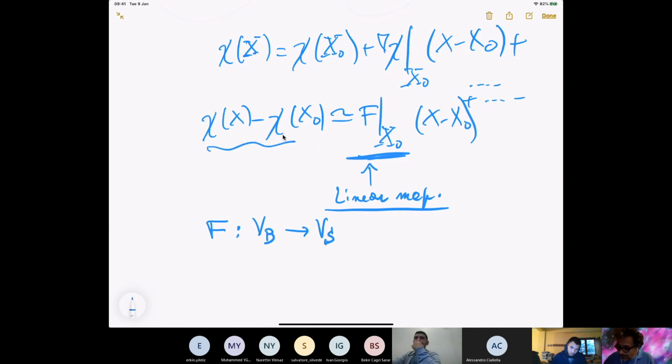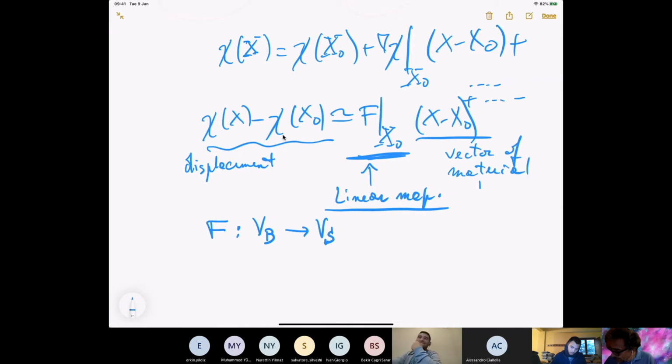Why? Because this is a displacement, and this is a vector of material particles.